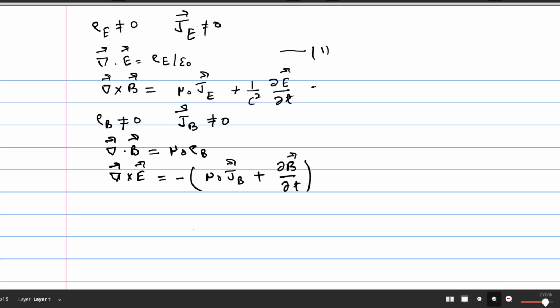This one first, second, this third equation, and this is the fourth equation.